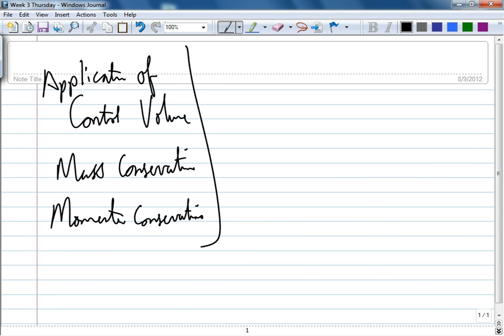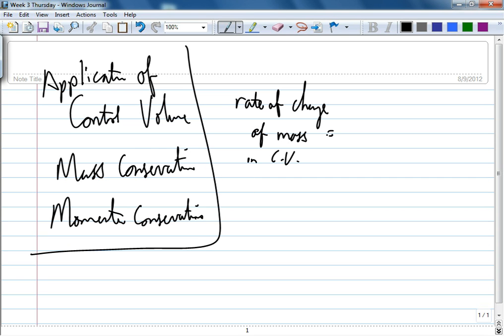So the rate of change of mass in the control volume is equal to the rate of mass entering minus the rate of mass leaving.